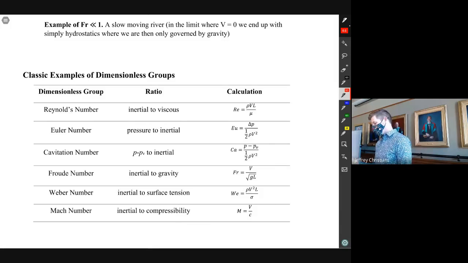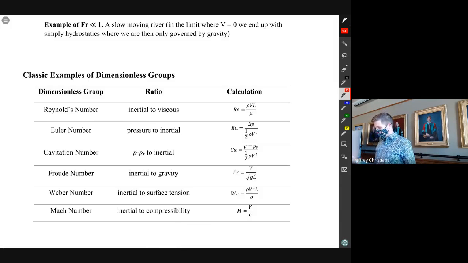So there are some that are half-hearted attempts at getting your own number, where it's like, I took two other people's numbers and multiplied them together, and I'm going to call that mine. There are a lot like that. They're actually useful in certain situations, but I took fluids from a professor who had his own dimensionless group, which was kind of exciting. It's super specialized, but that was his dimensionless group.